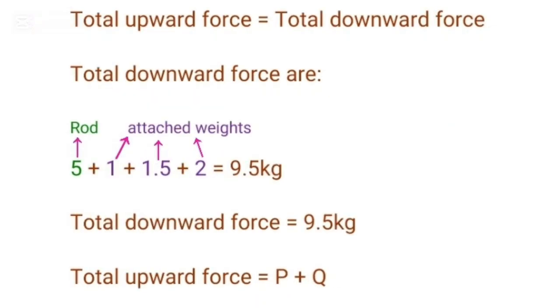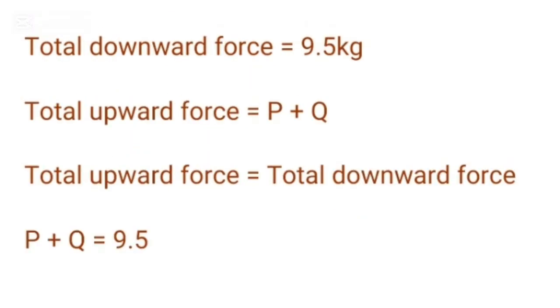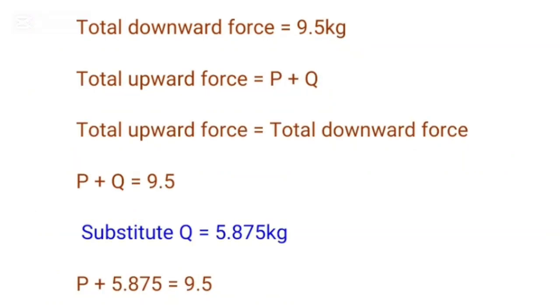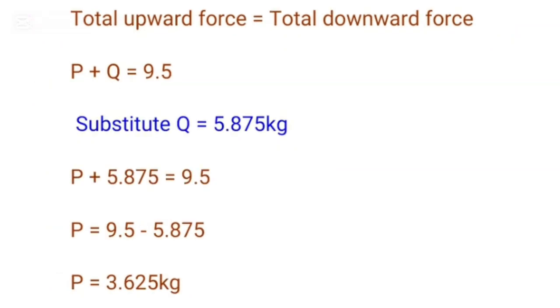Total upward force is P plus Q. So P plus Q is equal to 9.5. Substitute Q is equal to 5.875 kilogram. P plus 5.875 is equal to 9.5. P is equal to 9.5 minus 5.875. P is equal to 3.625 kilogram.